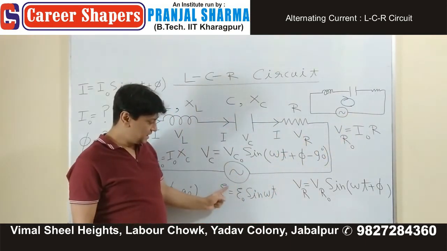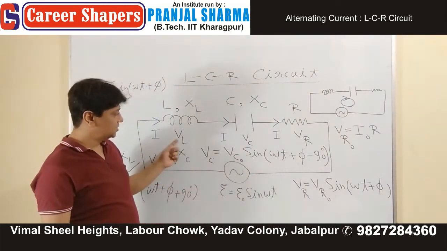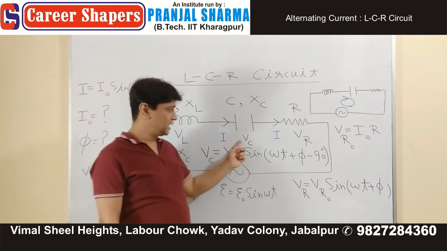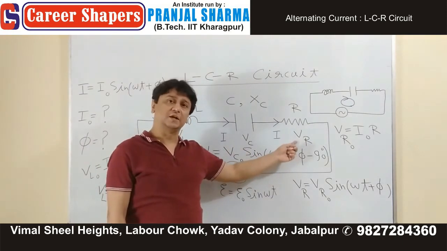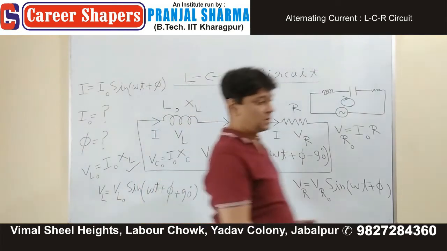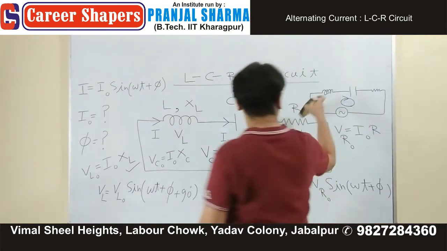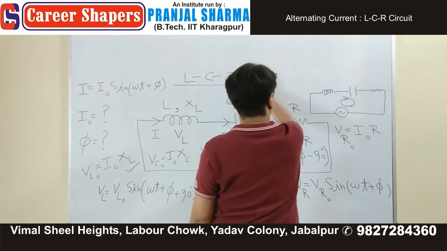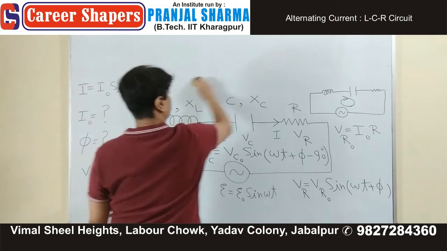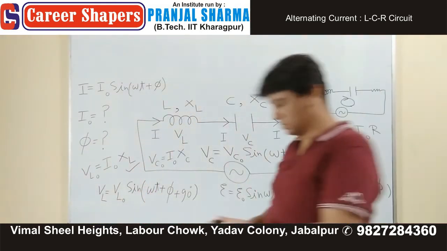Its instantaneous value is E. Its instantaneous values are VL, instantaneous VC, instantaneous VR. Then the sum of these three will be equal to E.